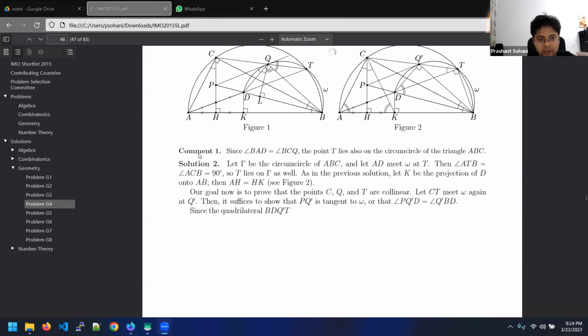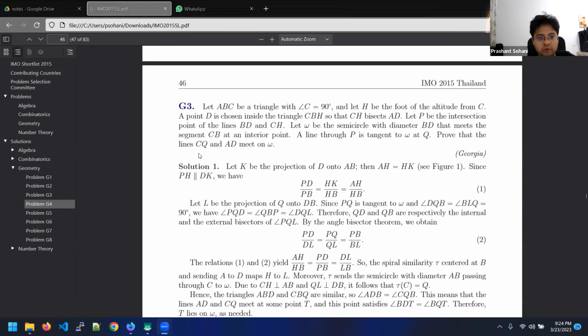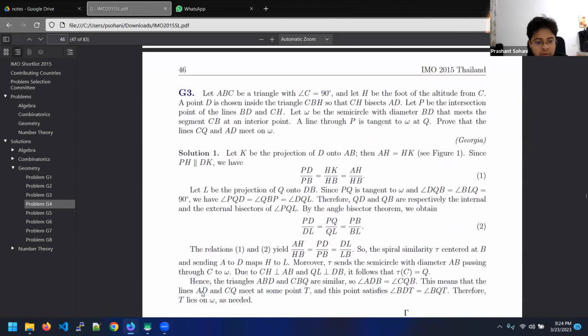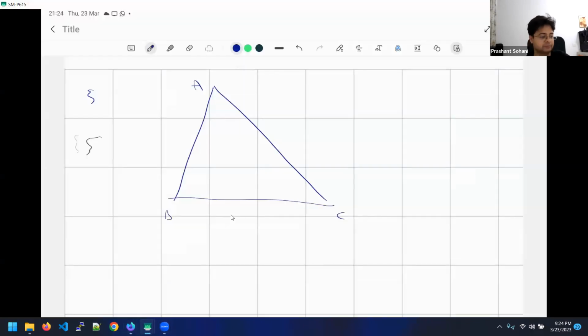So then maybe I'll get back to problem G3 for now, because as I said, there are some aspects in the solutions of G3 which are quite interesting, and I want to motivate a transformation based approach to thinking about a problem like G3 and how we can get started along those lines.